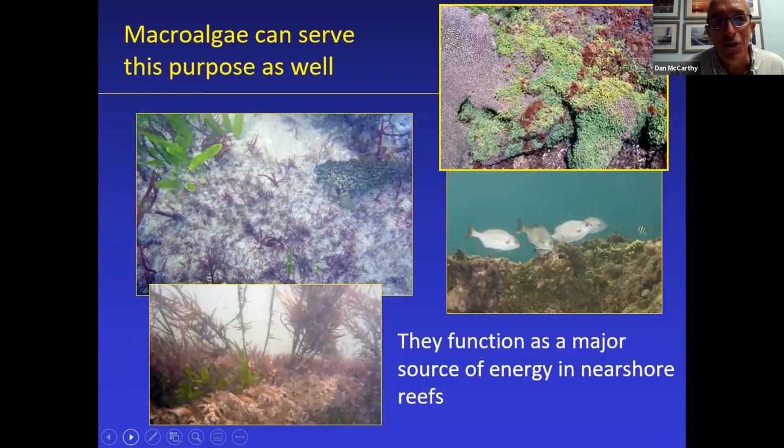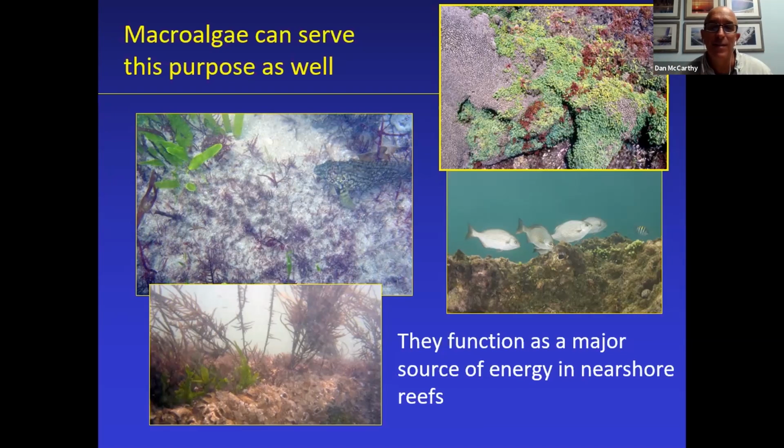Now, macroalgae can serve this purpose as well. These are some photographs showing some of the more fleshy algae. In this case, we have a hairy blenny taking refuge in some macroalgae. You get a good view of it, and it adds to the three-dimensional aspect of these reefs. If you think about a kelp forest, for example, that's several species of brown algae that make a unique ecosystem.